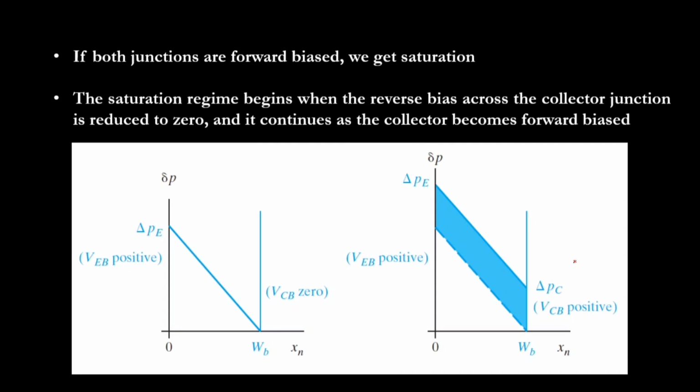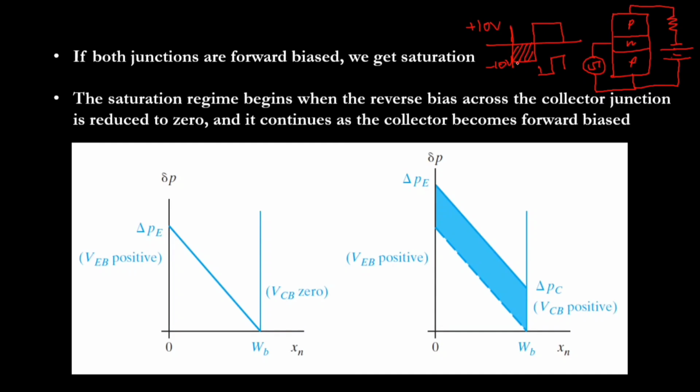Moving to the next one, BJT in saturation. Right now I have applied a negative pulse, as I explained initially, minus 10 volt and plus 10 volt. When the positive pulse comes, how does it behave? That is what we are going to check next.